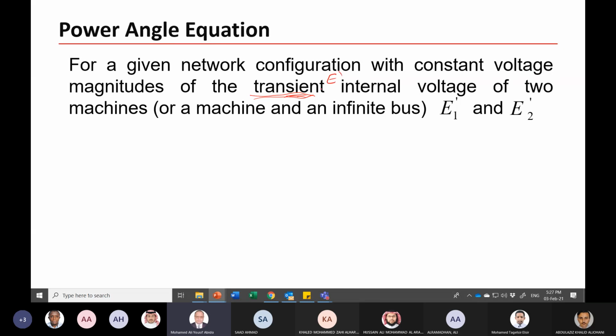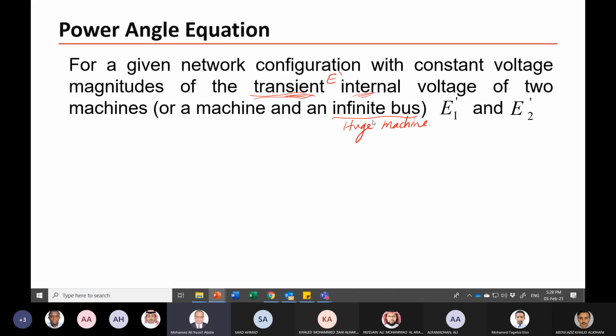This is the internal voltage, the induced voltage inside the machine, for a machine and the infinite bus. As we mentioned earlier, you can consider the infinite bus as a huge machine, H equal to infinity, short circuit capacity equal to infinity.